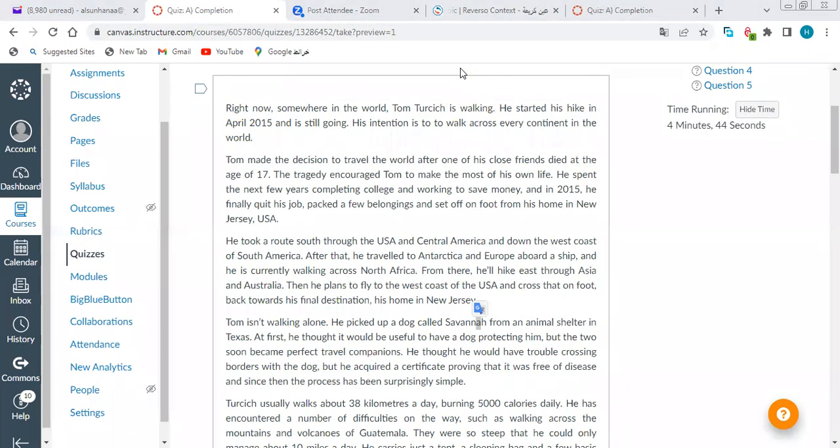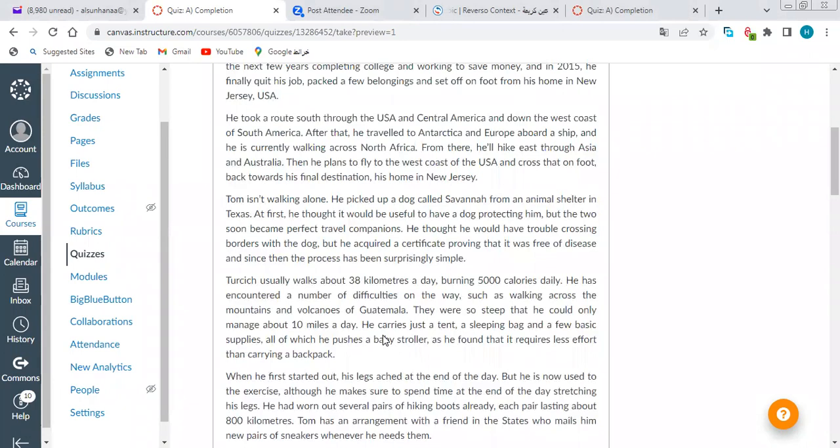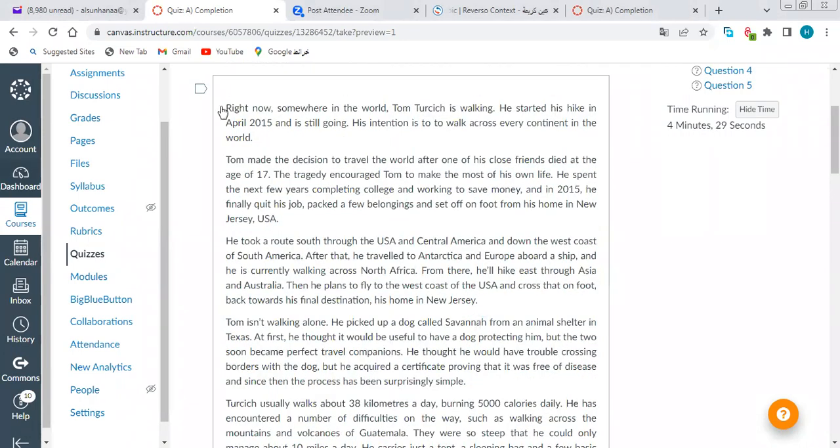Okay, yeah, Naif, your answer is New Jersey. That's right. Guys, if you see here, the keyword is started his hike. Okay, and if we go to paragraph 2, in the last sentence I say he finally quit his job.